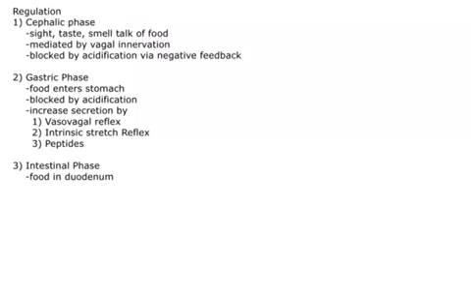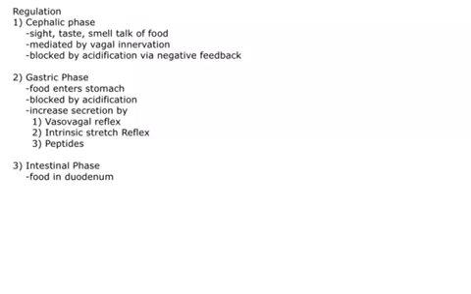It's about 30 to 50% of total acid secretion responses. It's mediated by vagal innervation, and it can be blocked by acidification via negative feedback, which I will show you a diagram of in a second.